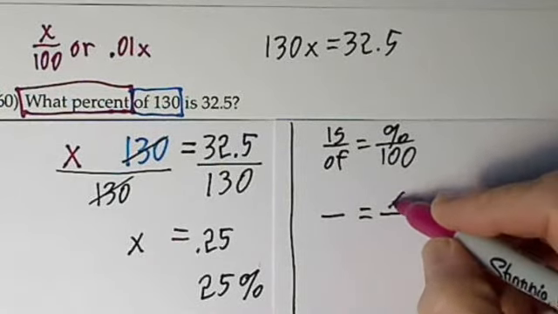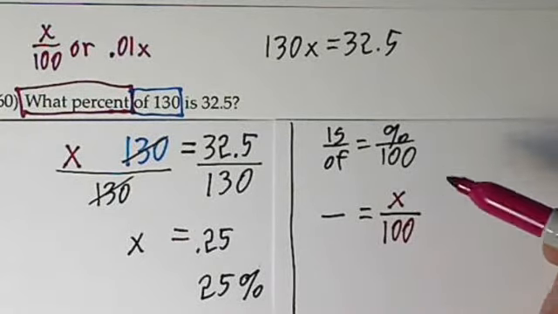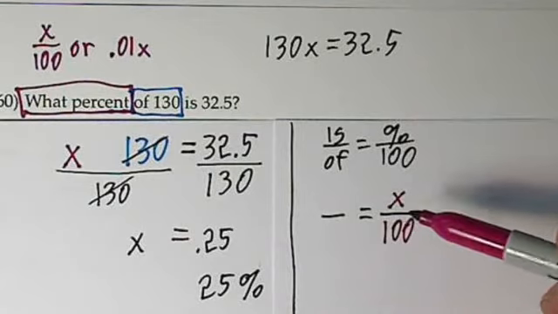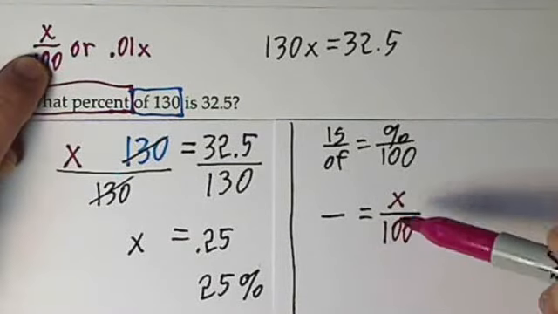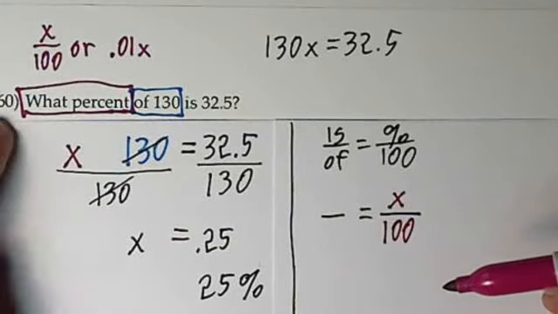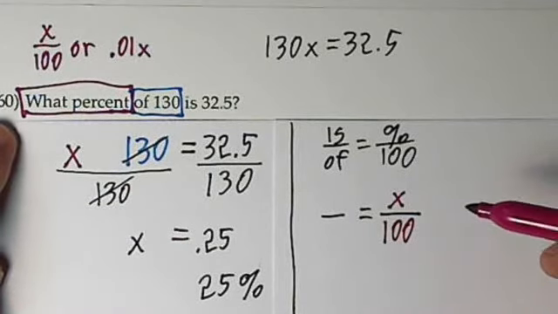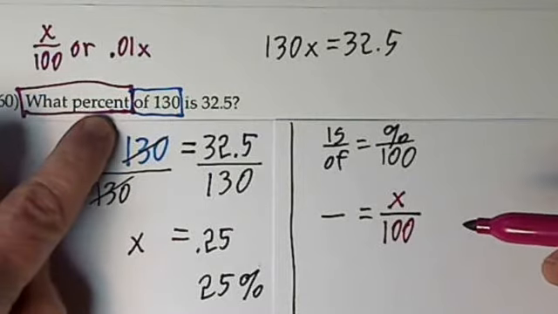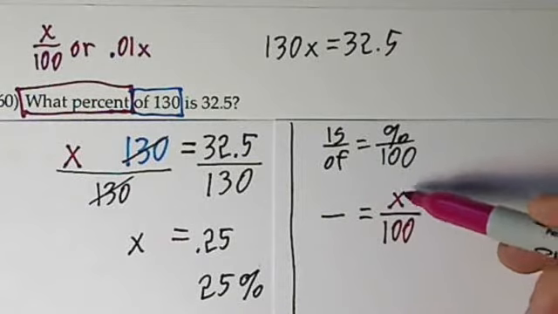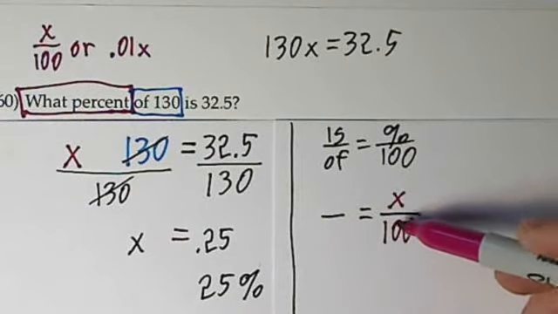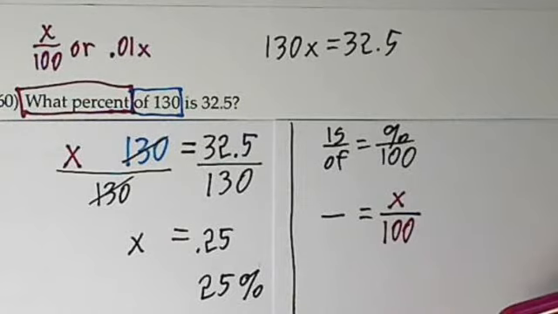So this is our x over 100. If you use the proportion method, you actually do take care of the percentage in setting it up. In fact, of the 3 types of percent sentences that there are, for the question that says what percent, I actually like to use the proportion method because it takes care of moving the decimal. All I have to do is remember to put in a percent sign at the end.